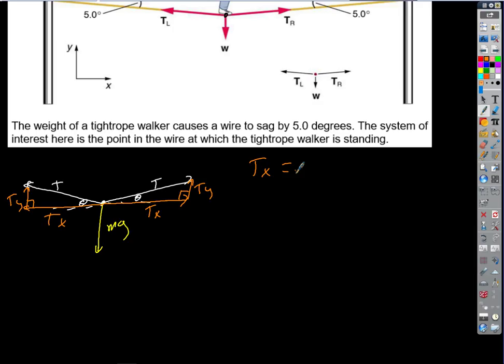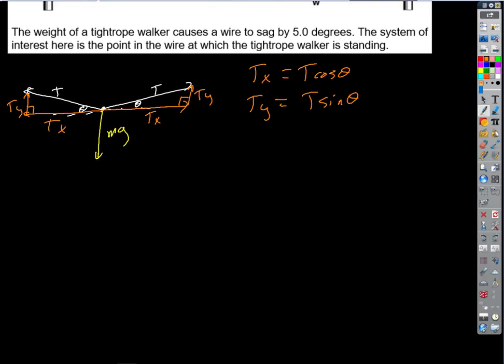Cosine theta. T cosine theta, everybody agree? It's going to be the magnitude of the vector times cosine because it's the adjacent leg that represents that component. So T cosine theta, and T sub y then would be T sine theta.